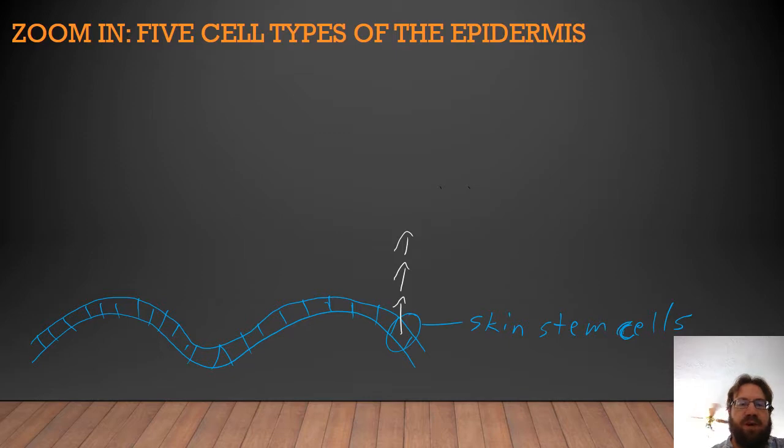But there are two other kinds of cells that are found here in the stratum basale. One is a sort of balloon-like cell that is attached to a nerve ending that proceeds down into the dermis. This used to be called a Merkel cell.